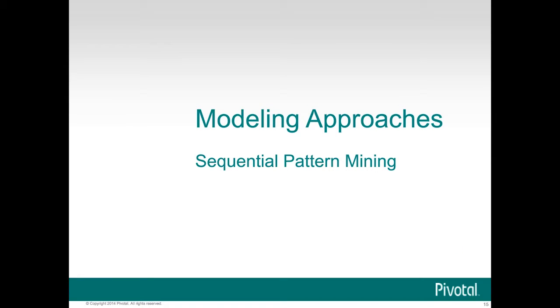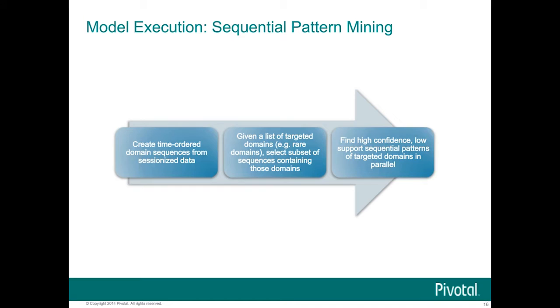So let's go into the detail of the modeling approaches. The first approach, as I mentioned, was the sequential pattern mining technique. This slide shows you the various steps involved in the sequential pattern mining approach. The first step is we create time-ordered domain sequences from the sessionized data.